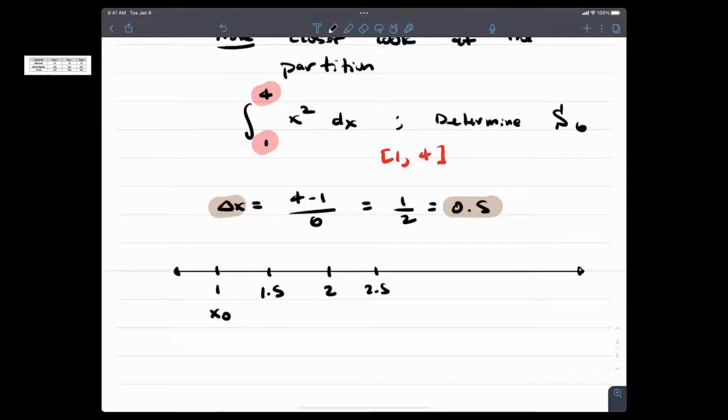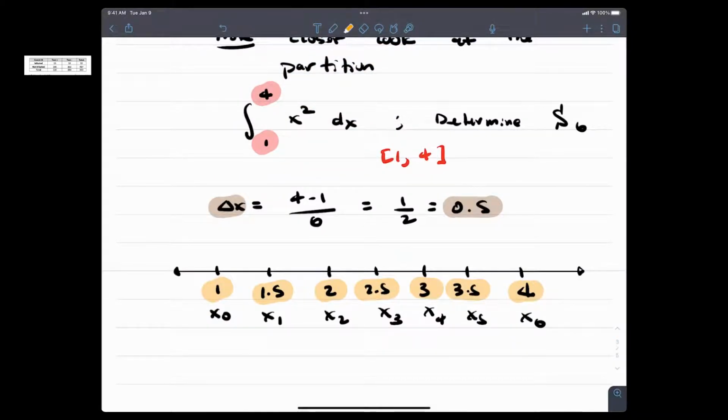You get a 2.5, then you got a 3, 3.5, and then you end at 4. So this is going to be x1, x2, x3, x4, x5, and x6. The important thing to do is the partition. That's where all the work really is.